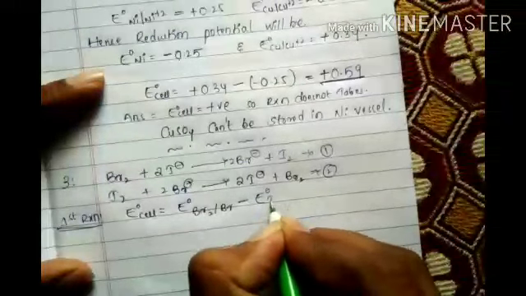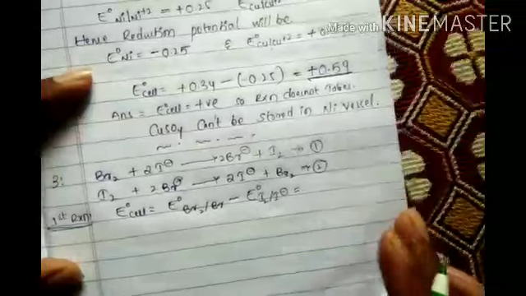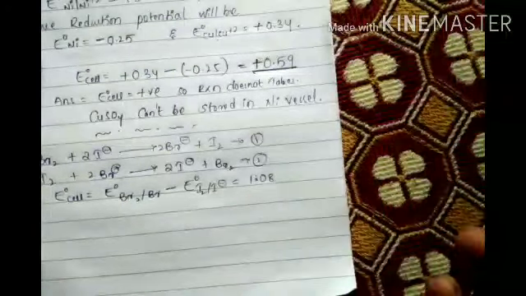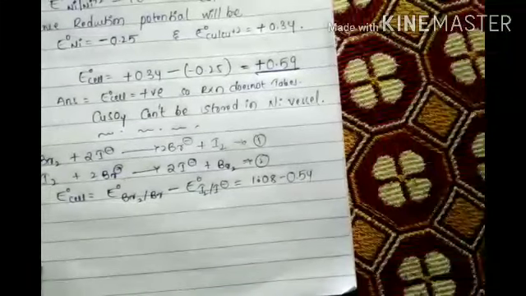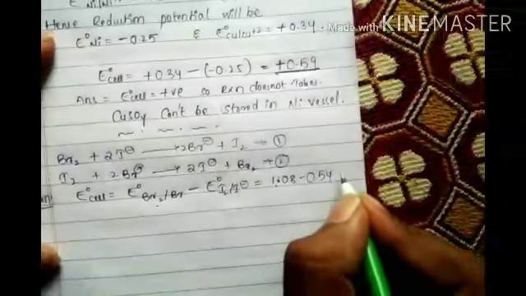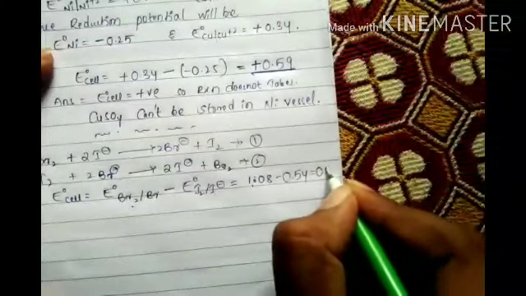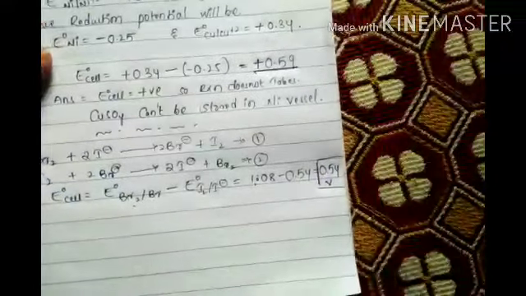So E naught of I2/I minus equals 1.08 minus 0.54. Finally, E cell how much is coming? E cell is 0.54 volt. First reaction answer, we got that.